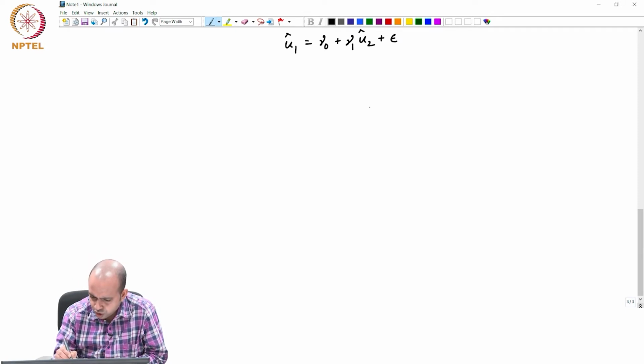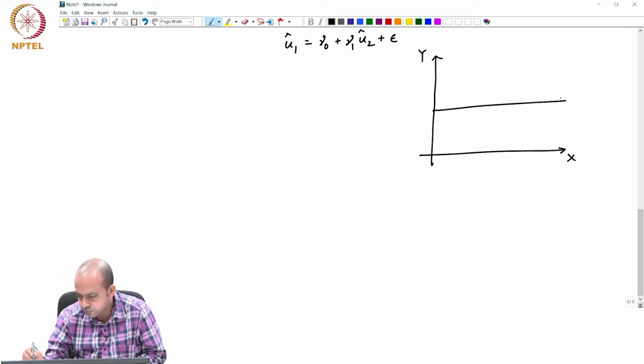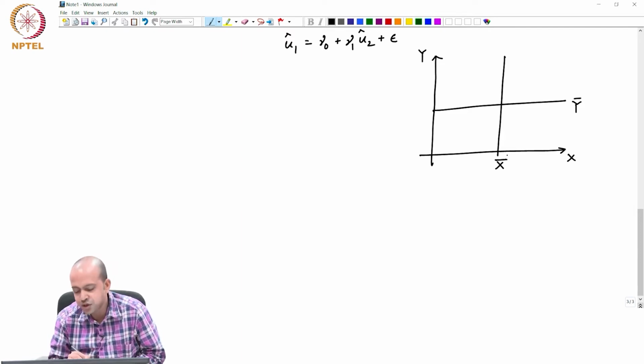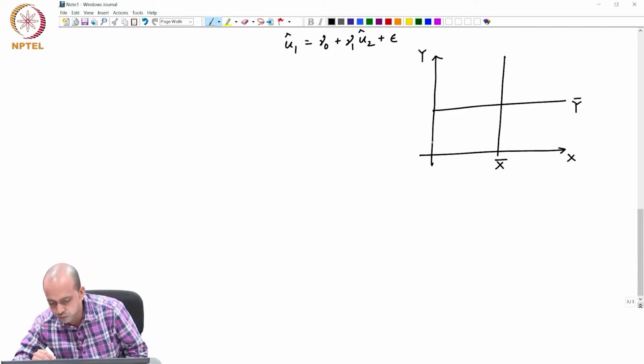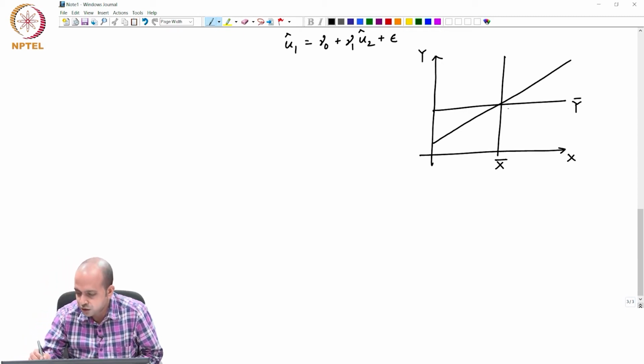Now, if you recall, one of the properties of our sample regression function: if you put x here and y here, say this is y bar and let us say this is x bar, then the sample regression function must pass through x bar, y bar.